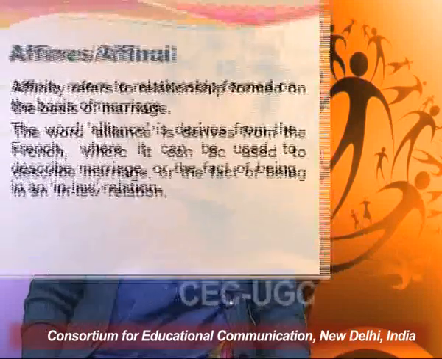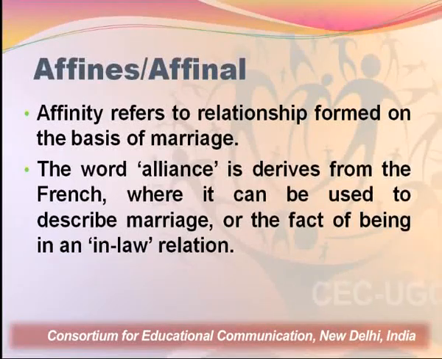The opposite or related term to consanguine is affinal or affines. Affine, as you know, means alliance. An alliance in kinship study refers to a relation developed on the basis of marriage. So, the husband-wife relation is an affinal relation.